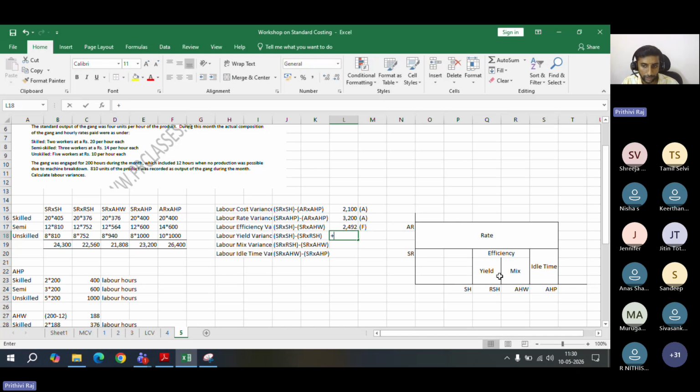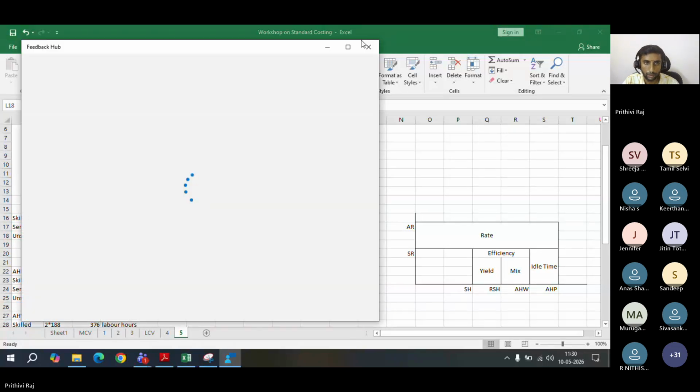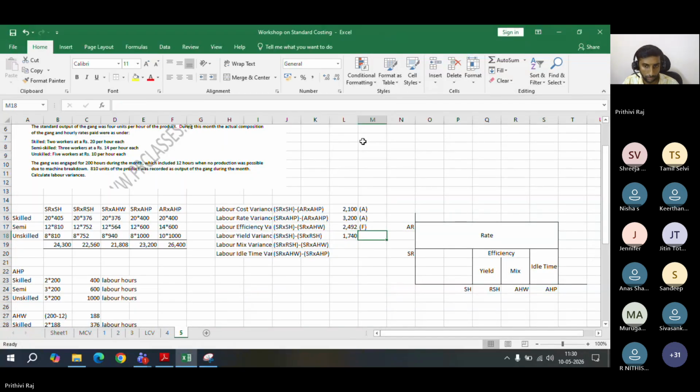Labor yield variance, SR into SH minus SR into RSH: favorable. Labor mix variance, SR into RSH minus SR into AHW: favorable.